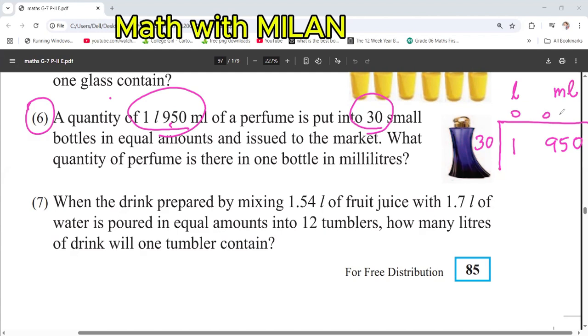So 195. How many 30s? You get 6 30s. 6 into 30 is 180, right? Then you subtract, and your answer is 5. Here you get 5.